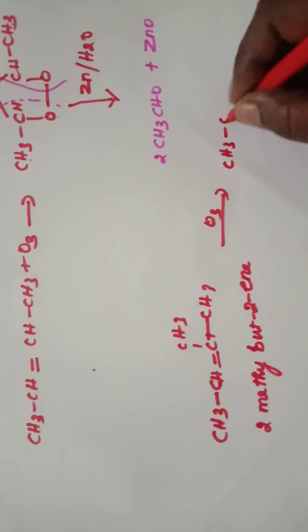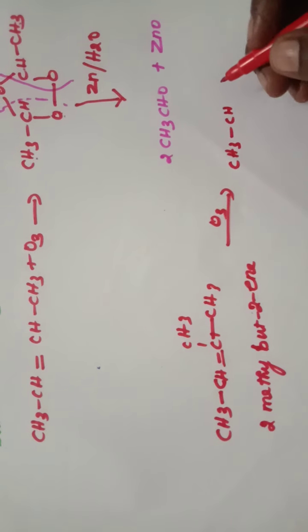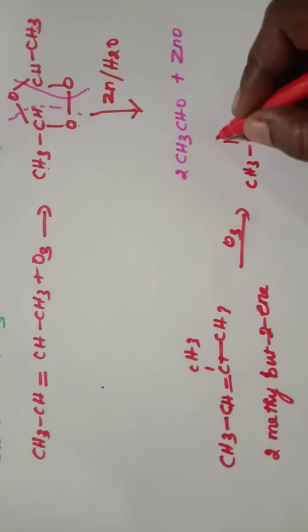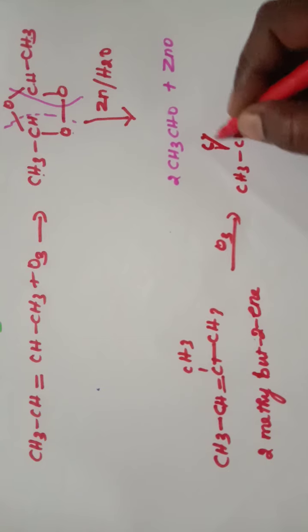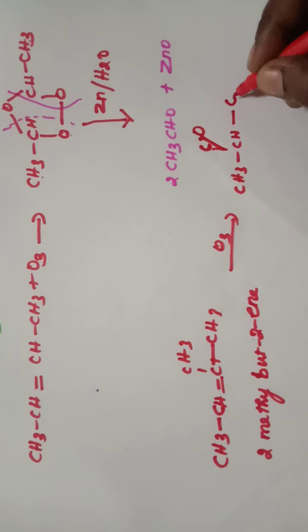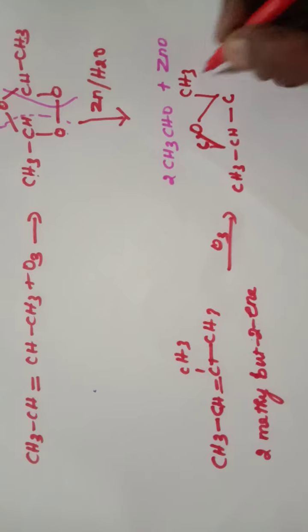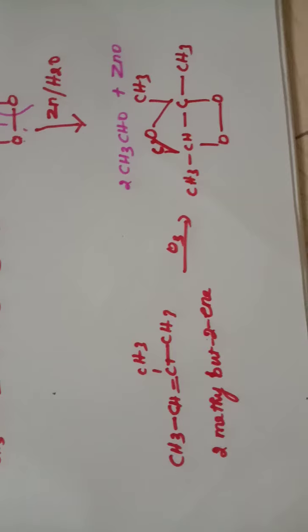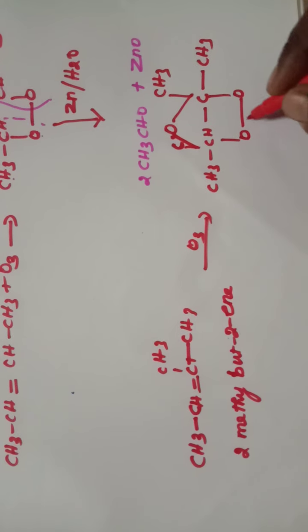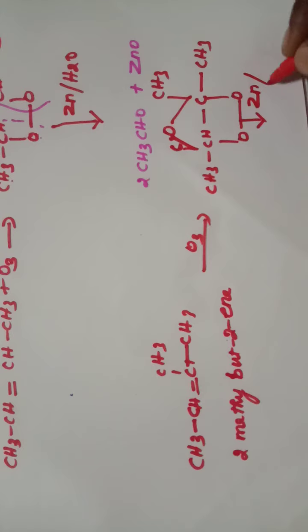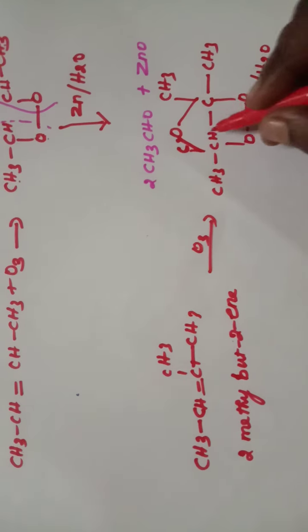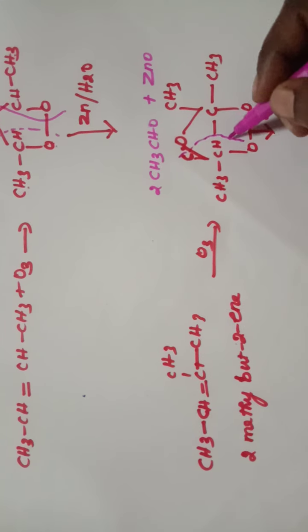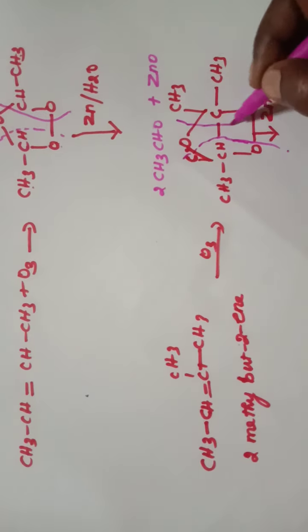We will be getting the ozonide CH3 CH. When this ozonide is treated with zinc dust followed by hydrolysis, the bond is cleaved here and here.